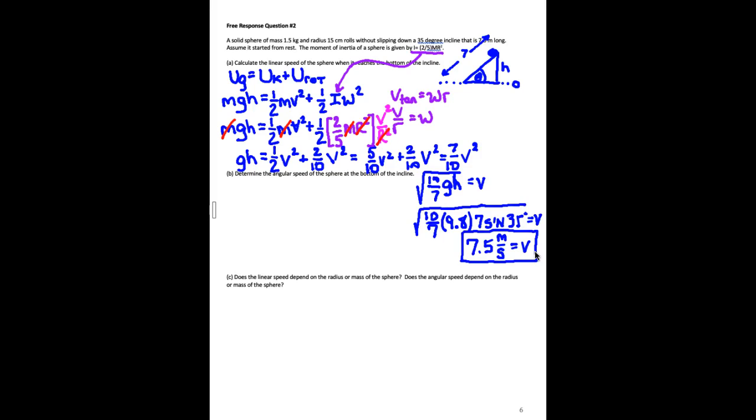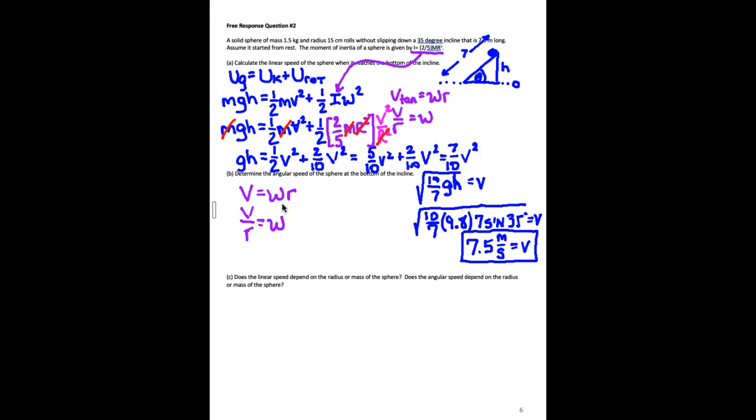The question now is, what is the angular speed of the sphere at the bottom of the incline? This requires me to apply V tan is equal to omega r. And that's what they're asking me for, the angular speed, which is omega. So that's just going to be V tan, which I've solved for in part A, divided by the radius of the sphere is equal to omega.